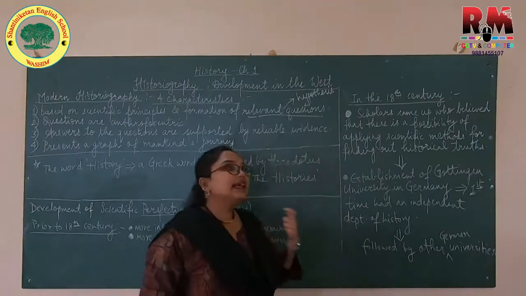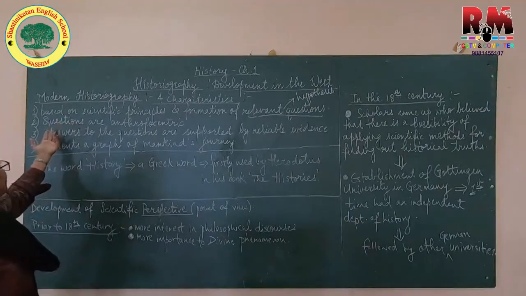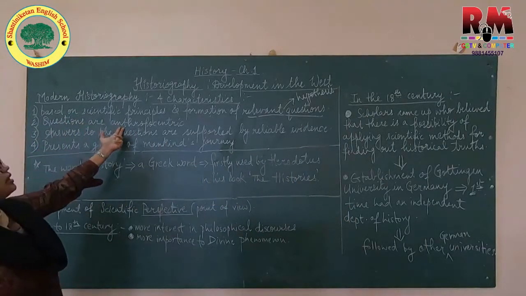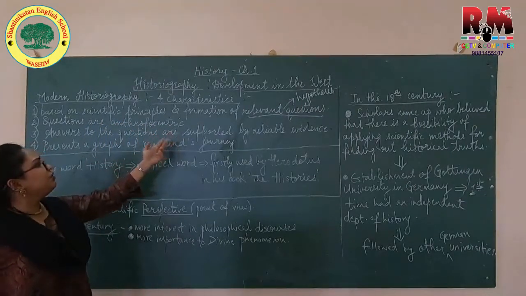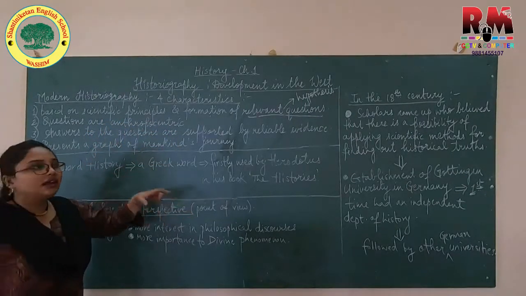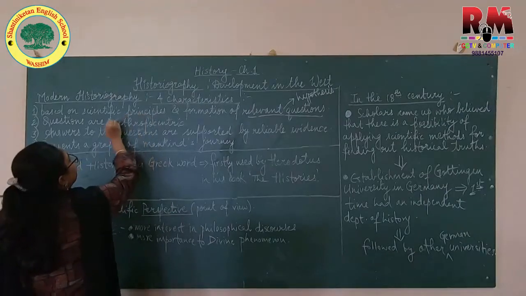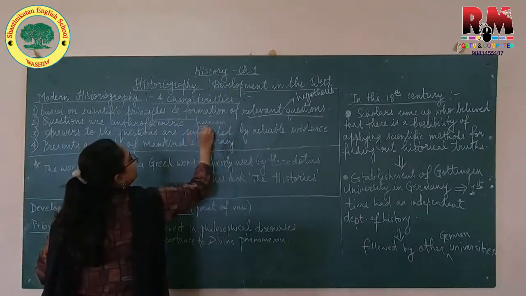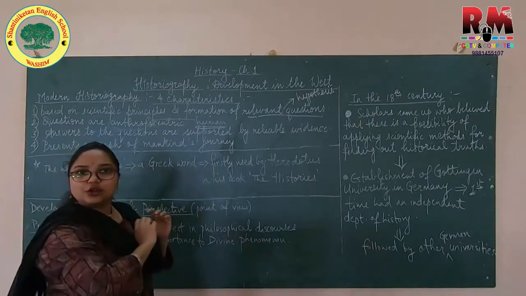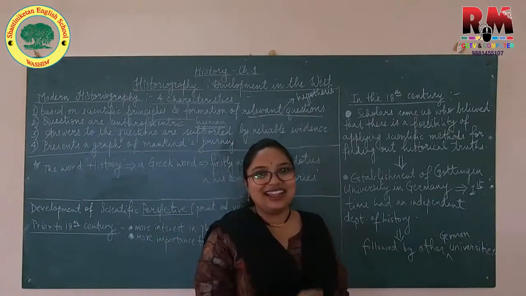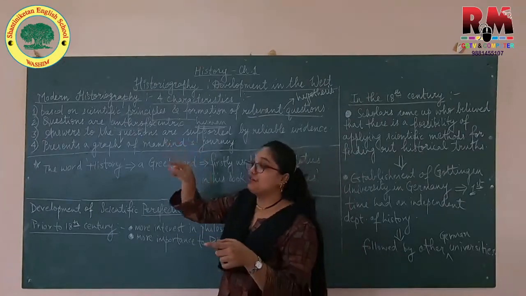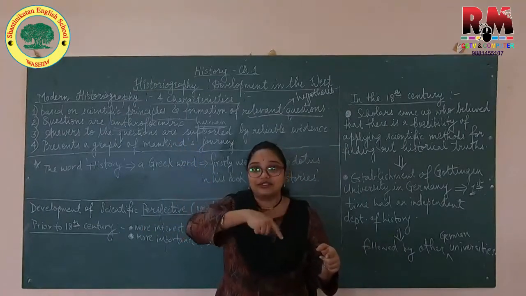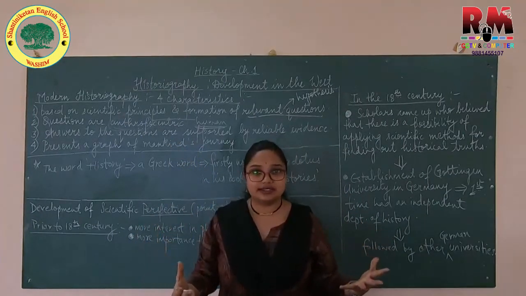Now, the second characteristic of modern historiography is that questions are anthropocentric. What do you mean by anthropocentric? The meaning of this word, anthropo, means human. Now try to guess what is anthropocentric? Yes, you're right. Anthropocentric is revolving around human life, human actions and human deeds.